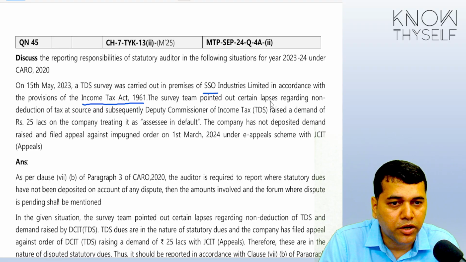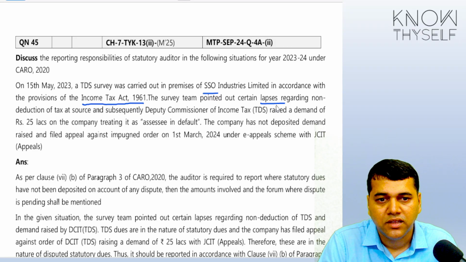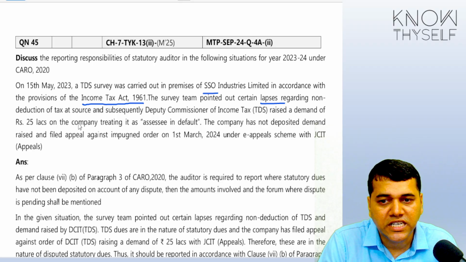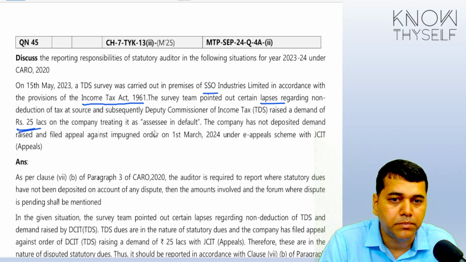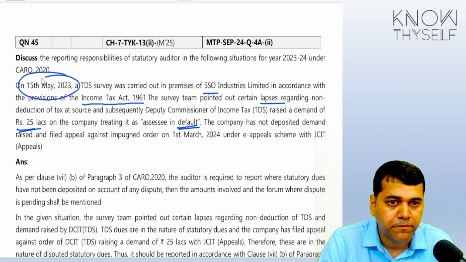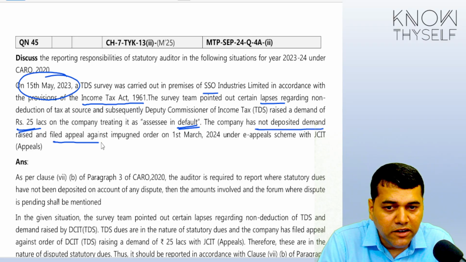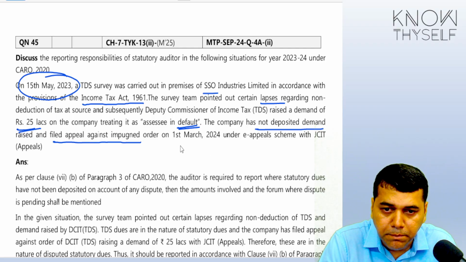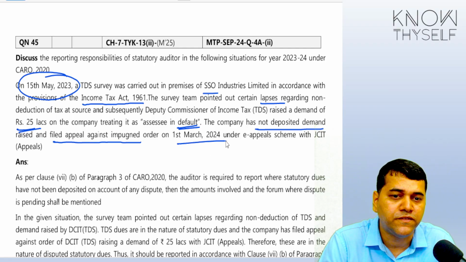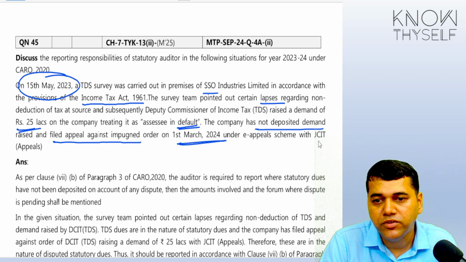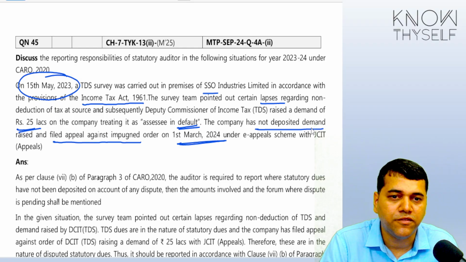The survey team pointed out certain lapses regarding non-deduction of TDS and raised a demand of 25 lakhs on the company because they are treating them as a default. This happened on 15th of May. The company has not deposited this demand and filed an appeal against the impugned order on 1st March 2024 under the e-appeal scheme with the Commissioner of Appeals.